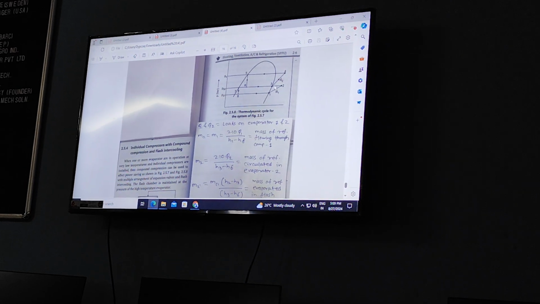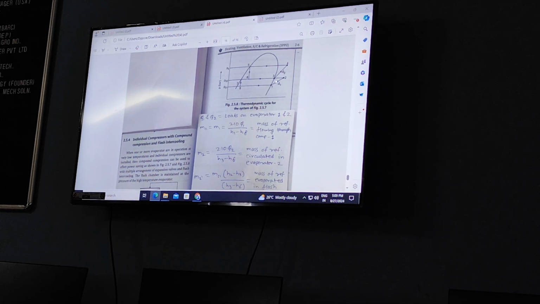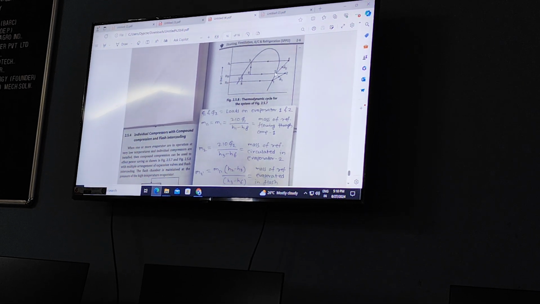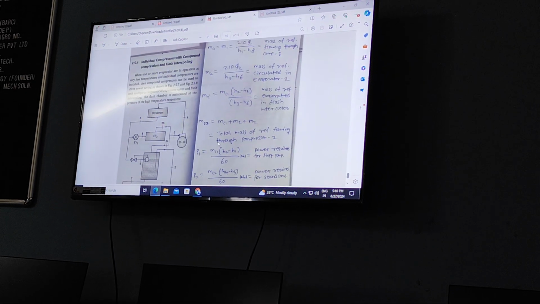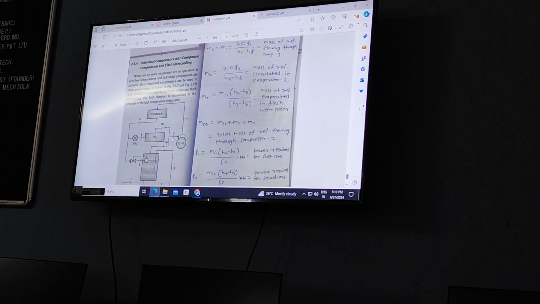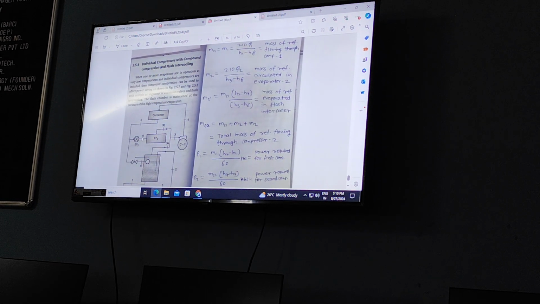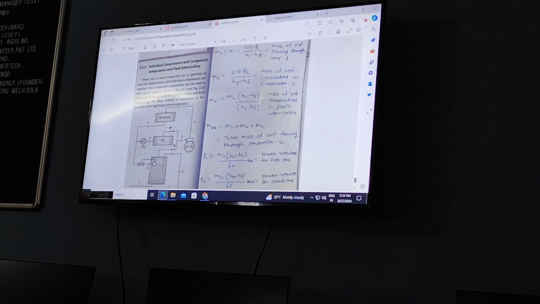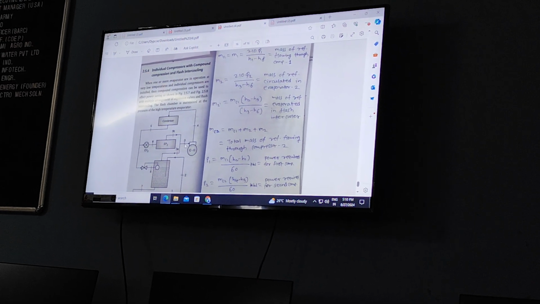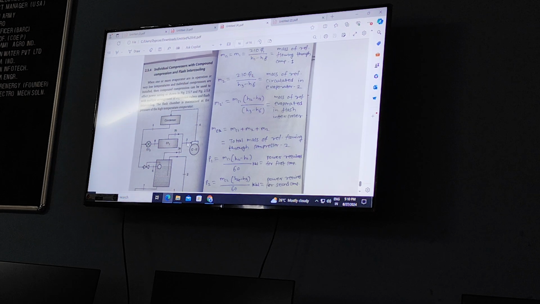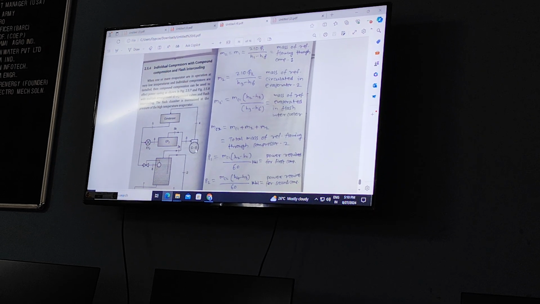This output of intercooling is what? Saturated vapor, right? That is your 3. Now here output from flash chamber 3A and output from evaporator 2 is 3B. These are combining at point 3 and combinedly they are sending it to the compressor 2.